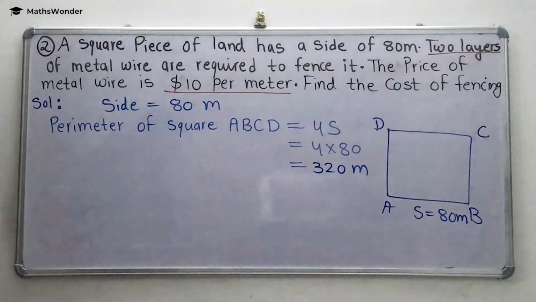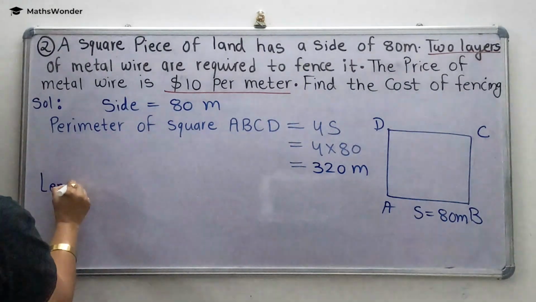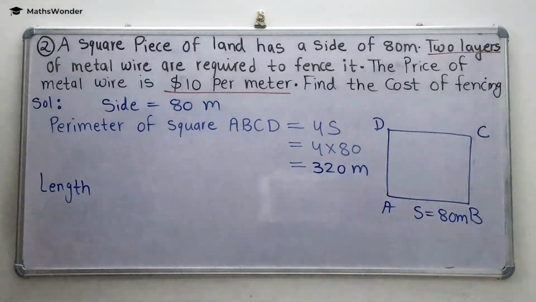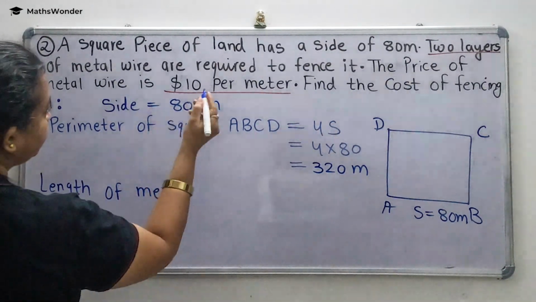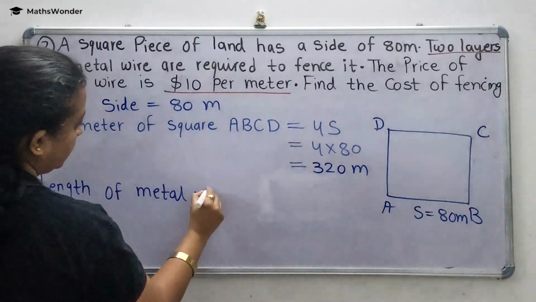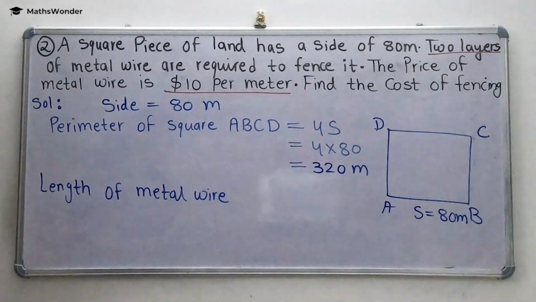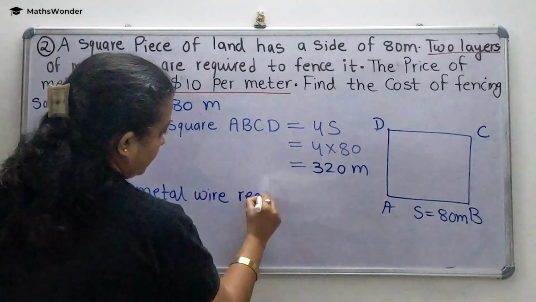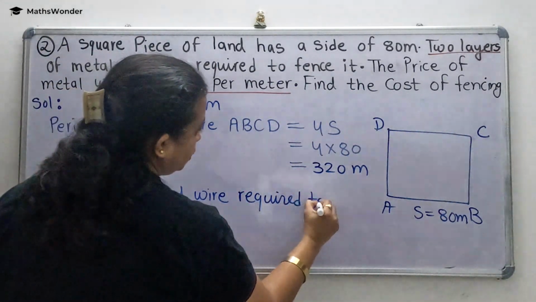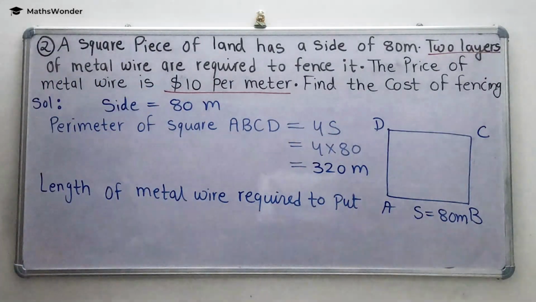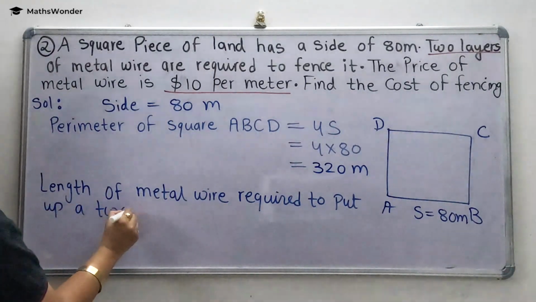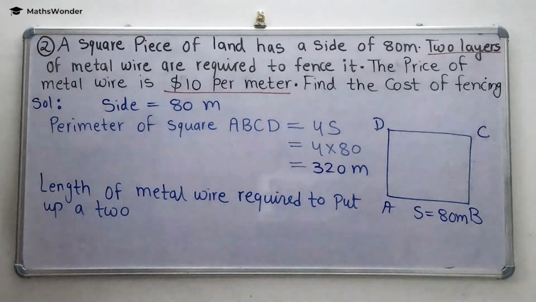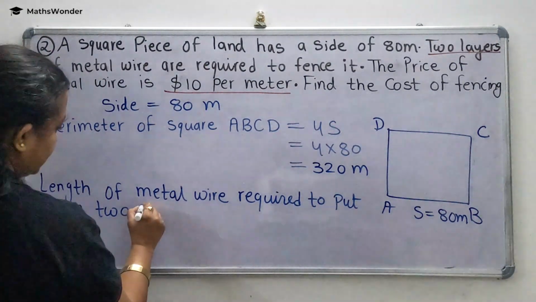It means you will find the length of metal wire required to put up a 2-layer fence.